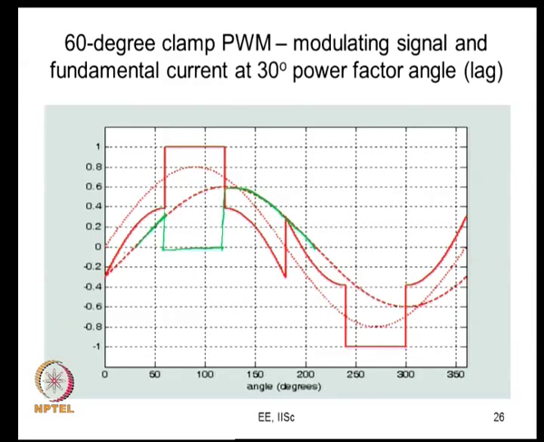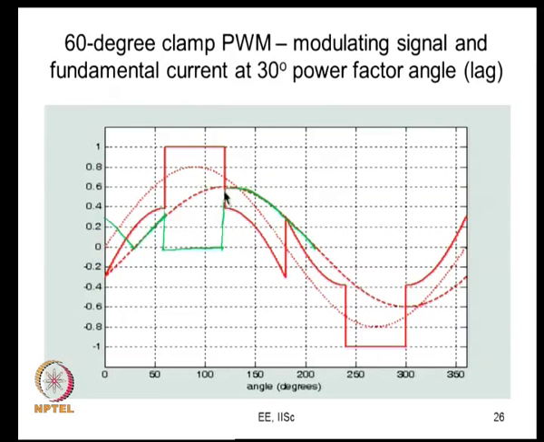So, you can see that there is a reduction, but the reduction is not exactly at the middle. So, the reduction in the energy lost is lower than what it was for the 0 degree power factor angle case. So, what should you actually do?